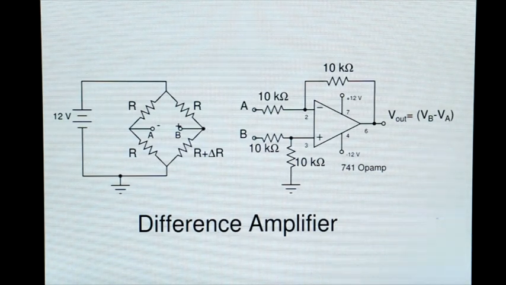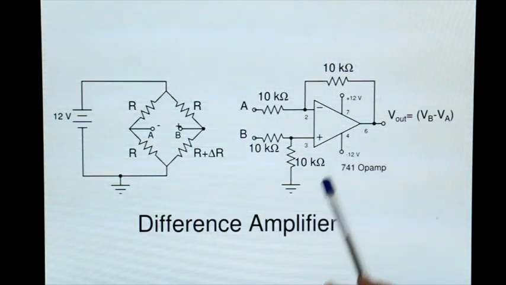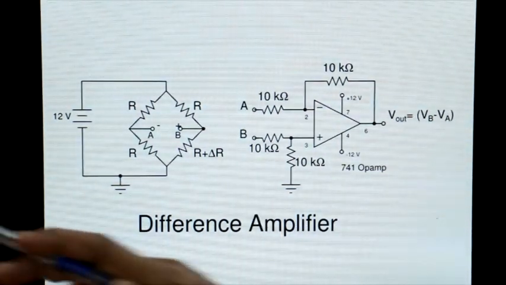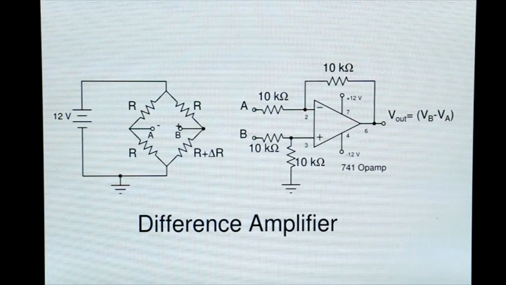The typical CMRR you will get with a 741 op amp is of the order of 10 to the power 4. In this experiment, we are able to get a common mode rejection ratio of 10 to the power 3.